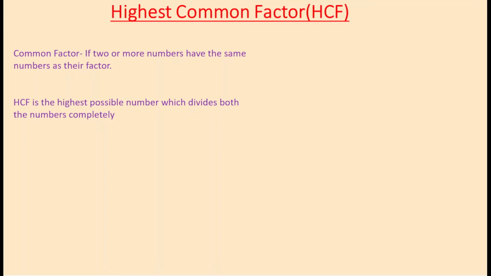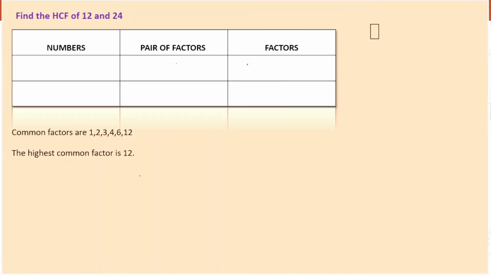And HCF is defined as the highest possible number which divides both the numbers completely. To have a clear understanding of common factor and highest common factor, let us understand it with the help of an example.